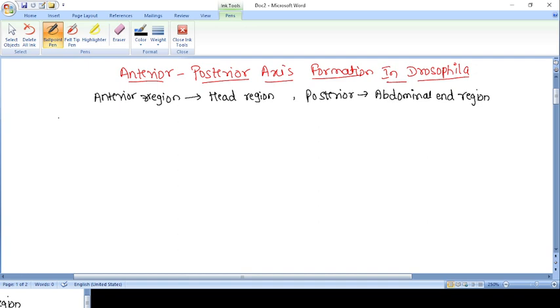And this anterior posterior axis formation occurs before fertilization. Recognition of the anterior posterior axis occurs before fertilization.